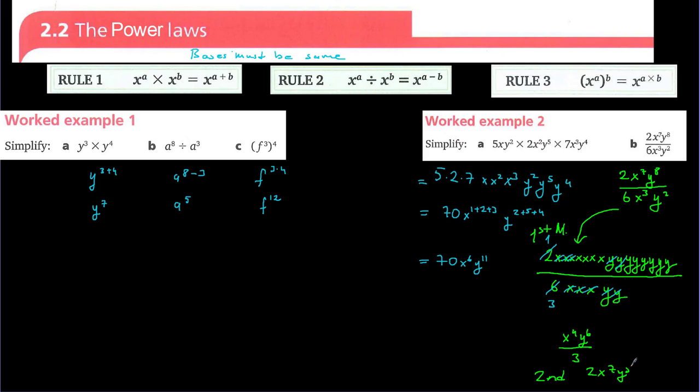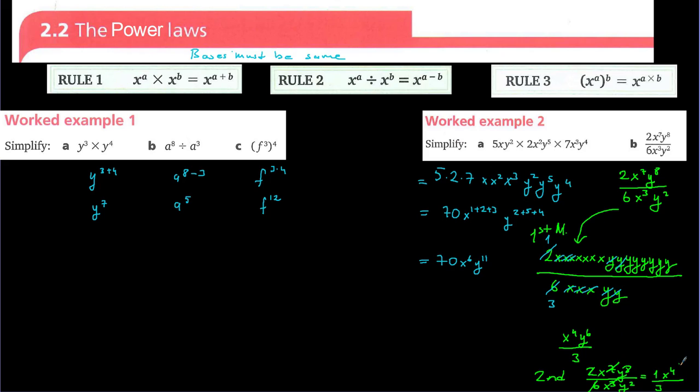2x^7 y^8 divided by 6x^3 y^2. When we simplify the powers here, if you remember, when you divide them, you directly subtract the powers, and whichever power is bigger, you write the subtraction result in that place. This is equal to 1 over 3 times x to the power of 7 minus 3, which is x to the power of 4.